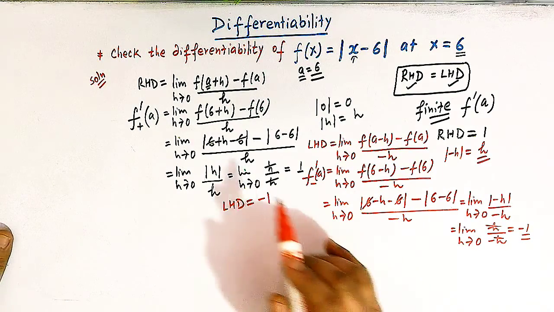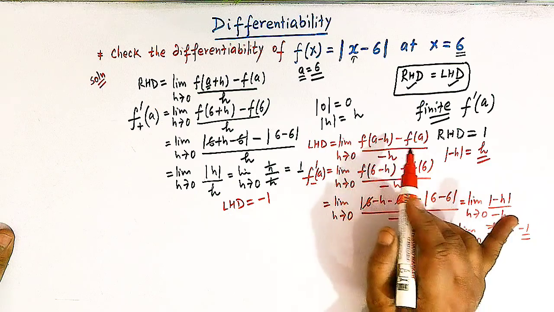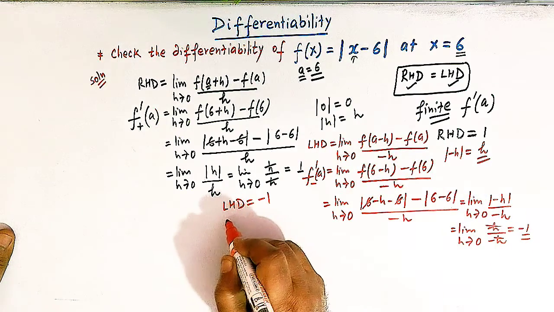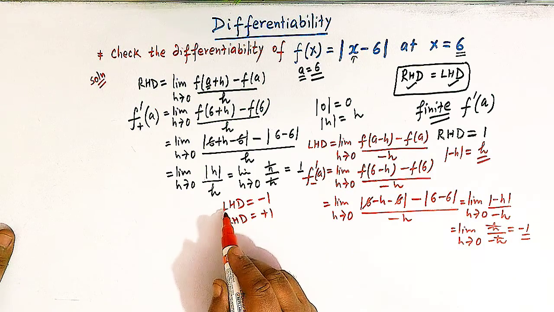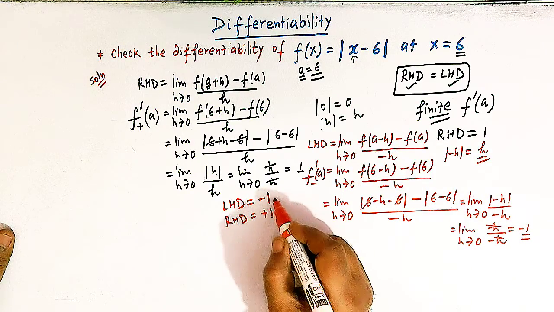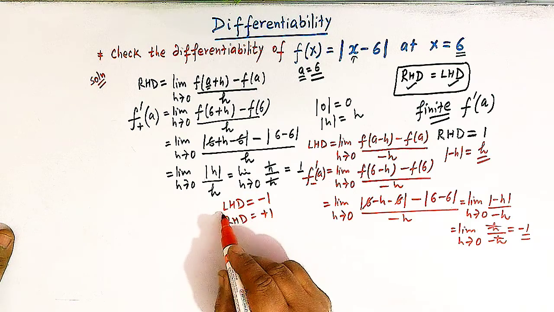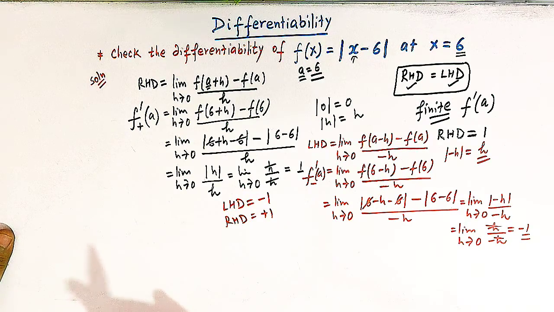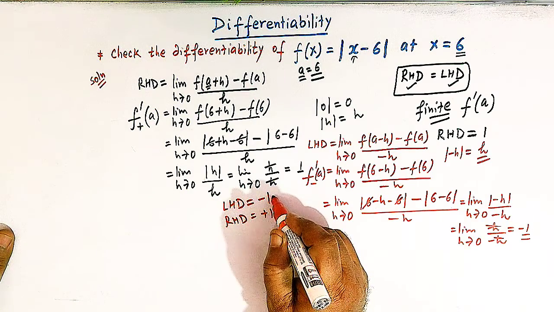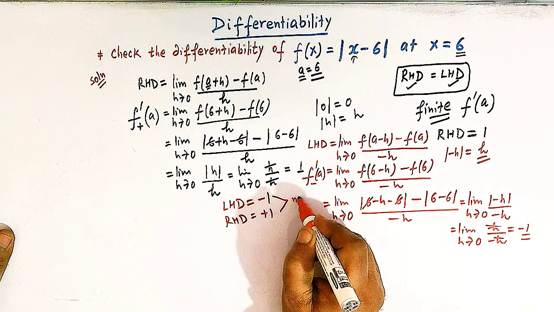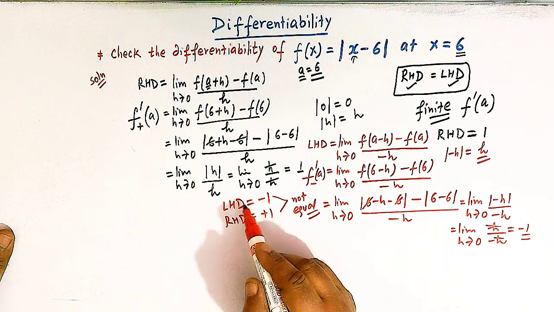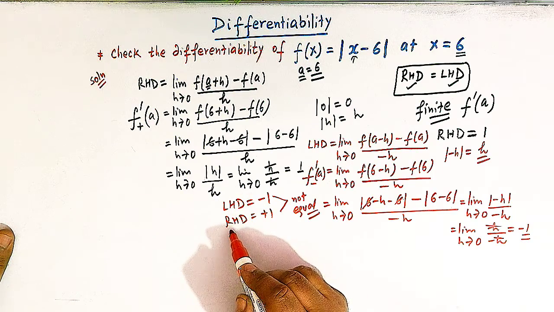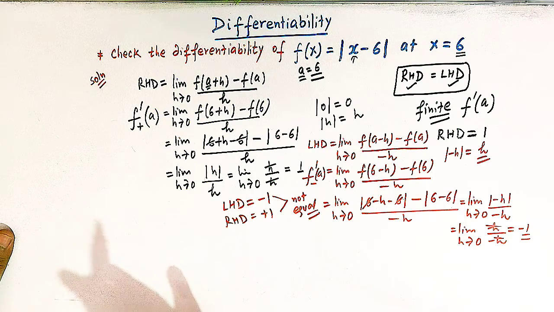So viewers, from this calculation and discussion, we see that the right hand derivative is given by plus 1, and the left hand derivative is given by minus 1. We can easily see that the left hand derivative and right hand derivative both are finite and they exist. But these two derivatives are not equal to each other, because for the differentiability of a function at a given point, the left hand derivative and the right hand derivative should be equal to each other.